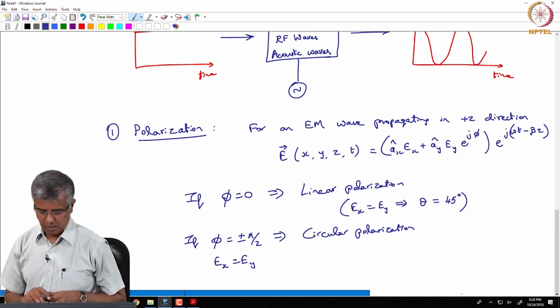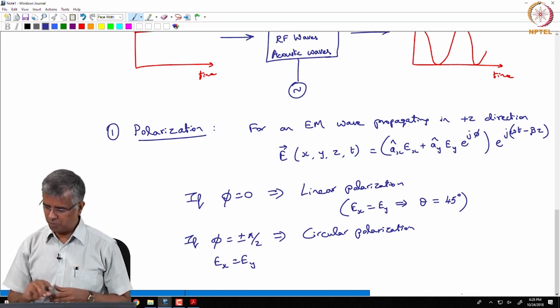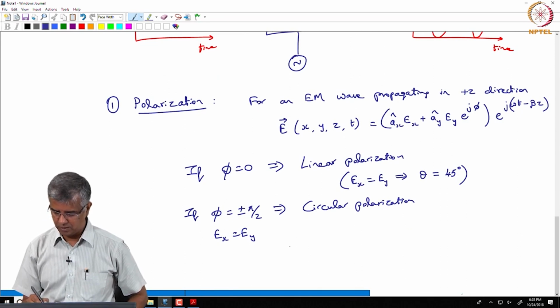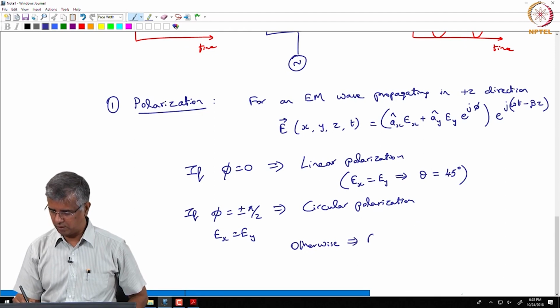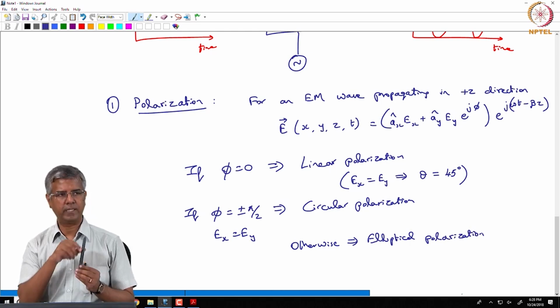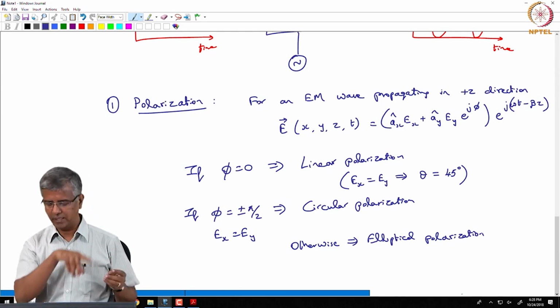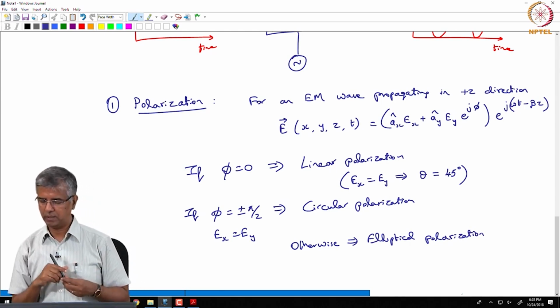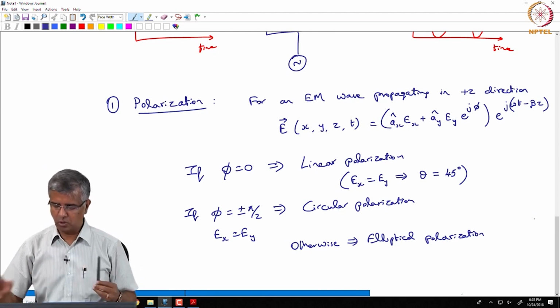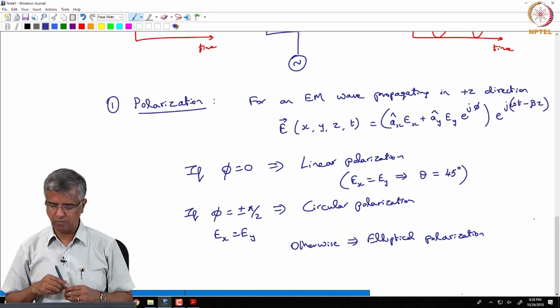Okay. But otherwise, if it does not satisfy any of these, you have what is called elliptical polarization. So, the electric field vector traces an ellipse as it is propagating in this direction. Now, those are the polarization states of light.